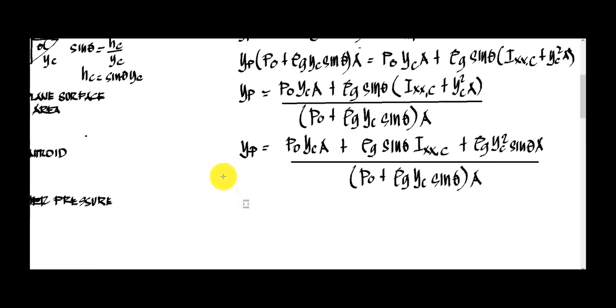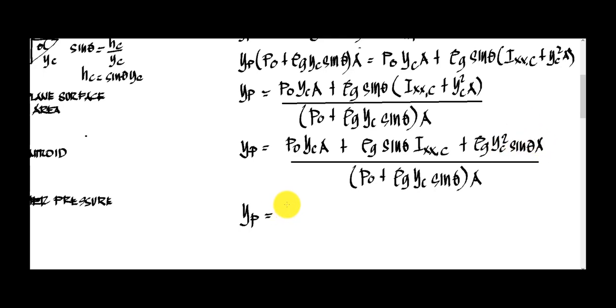and we can factor what is common in our equation here. So we have your yp, so we can factor, or let's combine this one.